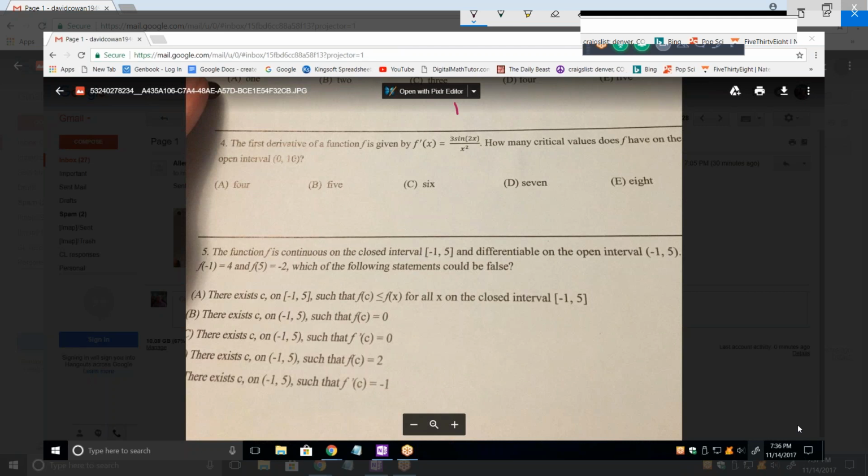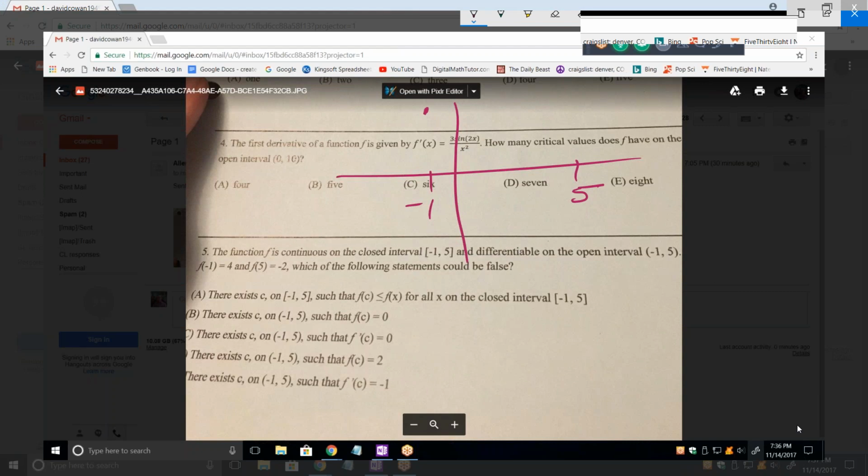Well, let's draw a picture again. From minus 1 to 5, it's continuous and differentiable. And f of minus 1 equals 4, right?